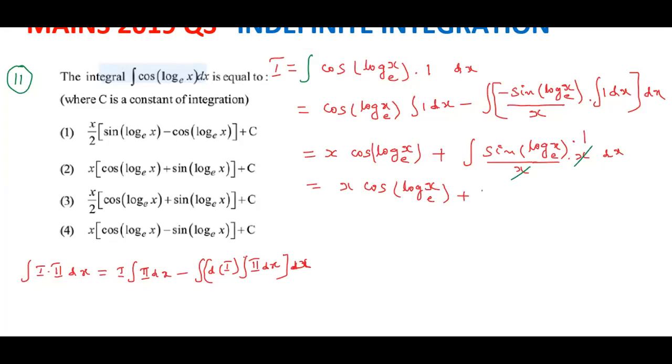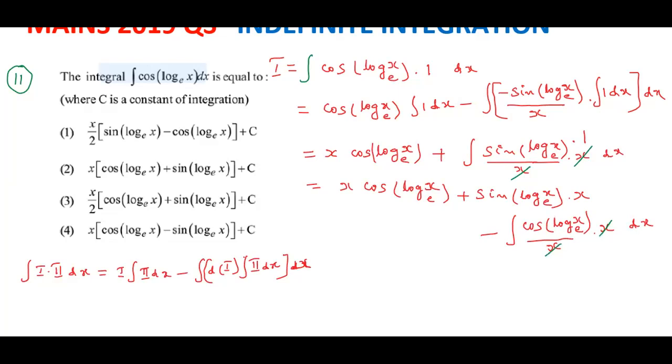Now use integration by parts: sine logarithm of x to the base e into the integration of 1 dx, x, minus the integration of the derivative of sine, that is cos log x to the base e, the internal derivative of log x, 1 by x, into the integration of 1 dx, x, whole dx. Again here x is going to cancel.